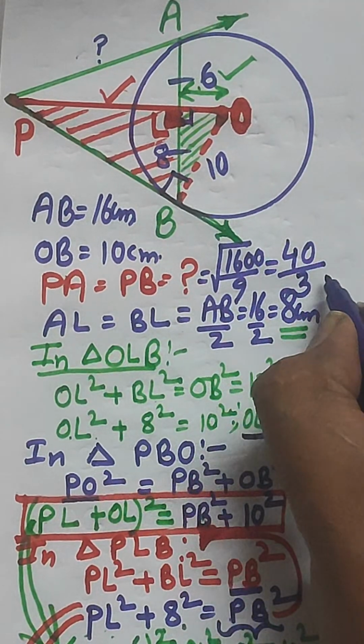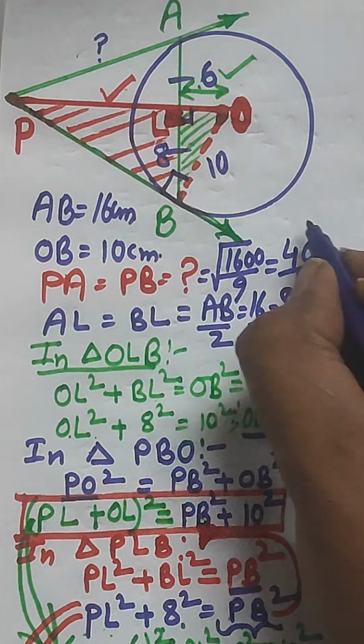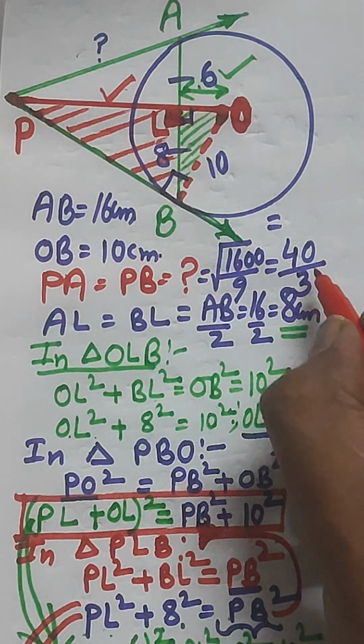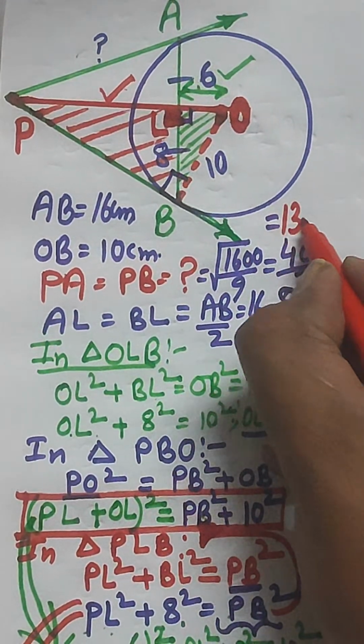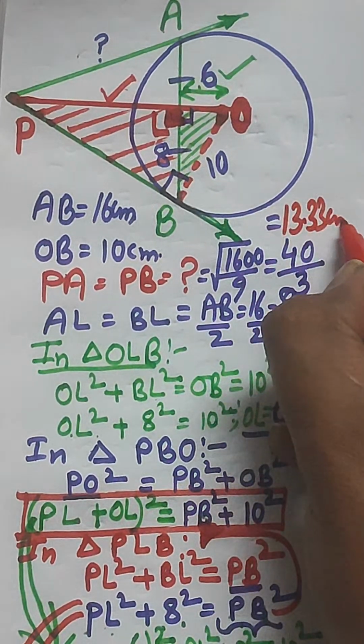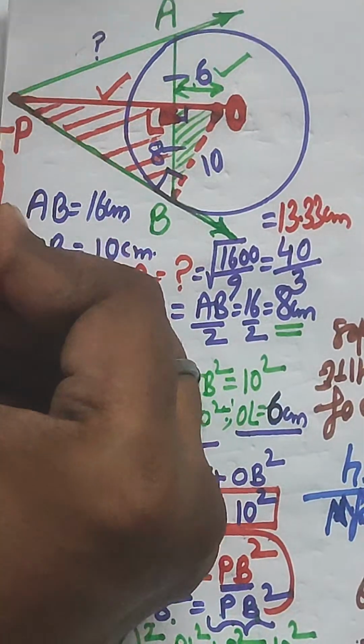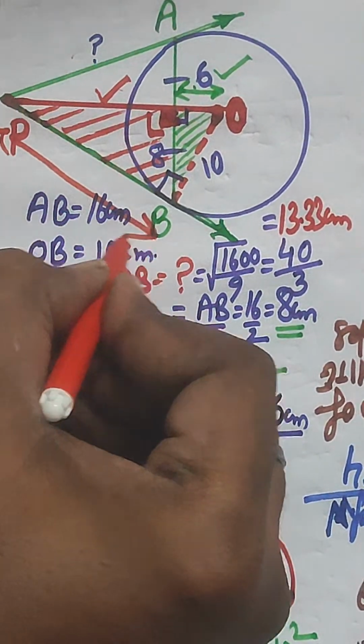So 40 by 3, which is equal to 13.33 centimeter.